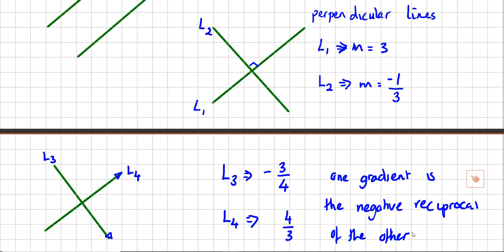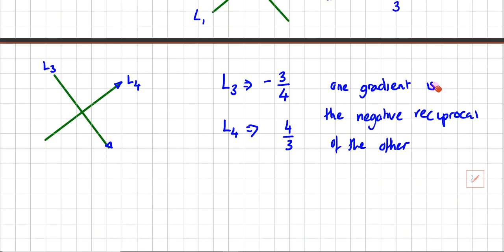The reciprocal of 3 divided by 4 is 1 divided by 3 divided by 4, which just happens to be 4 divided by 3. As you get better at your maths, you'll look into that a bit more. The easiest thing at the moment is to remember: if it was negative, it becomes positive. If it was positive, it becomes negative. And if it's a fraction, the fraction gets turned upside down, flipped. If it's not a fraction, it becomes a fraction with 1.